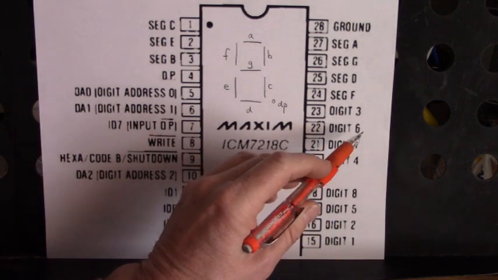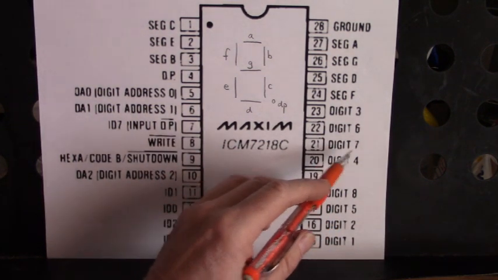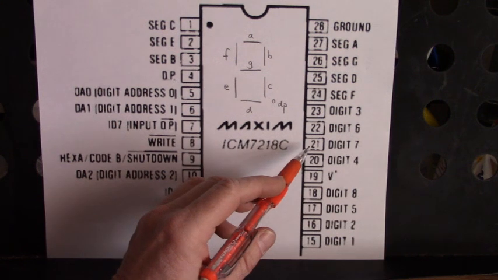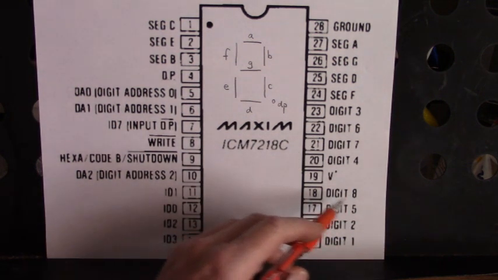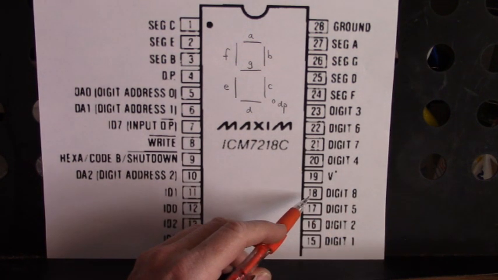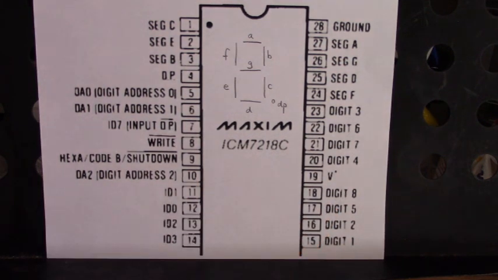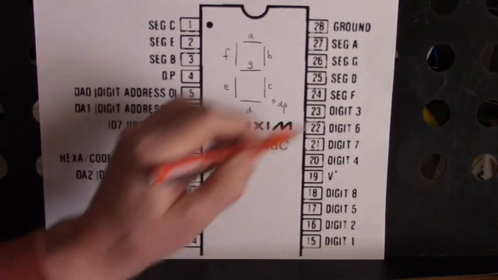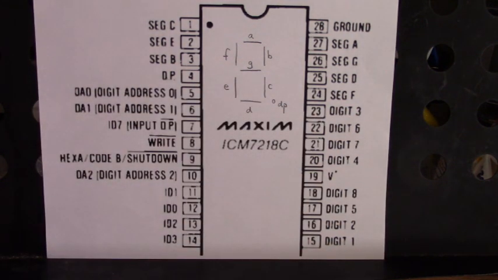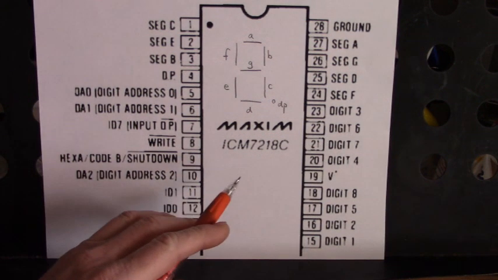And digit 6 on 22, digit 7 on 21, and the last one, digit 8 on 18, the common anode of that 7-segment display. So 8 7-segment displays can be controlled with this IC right here.